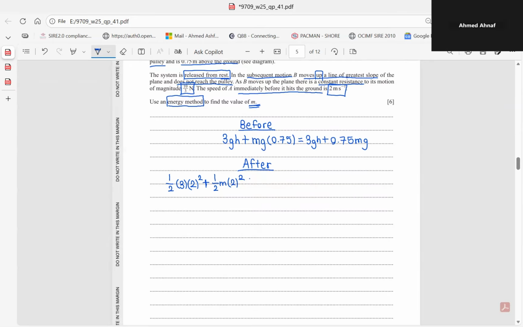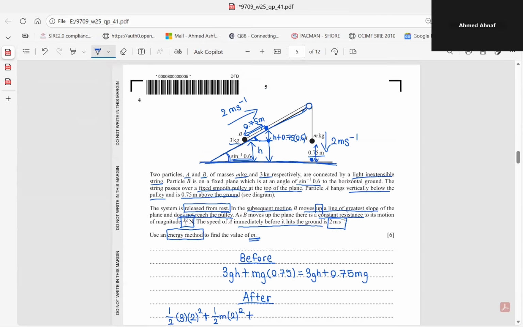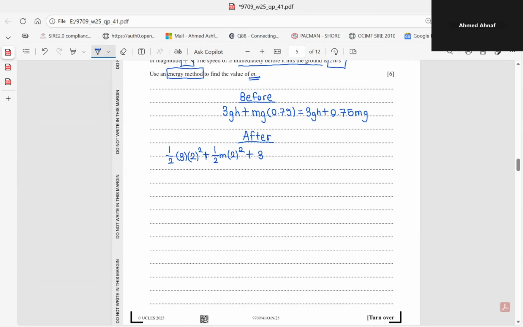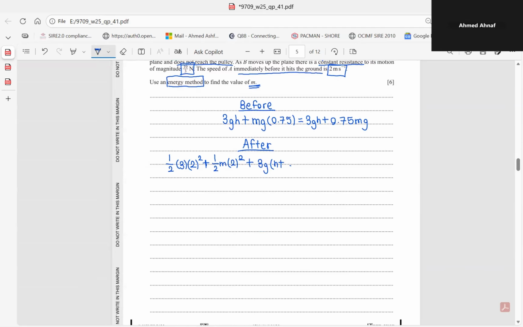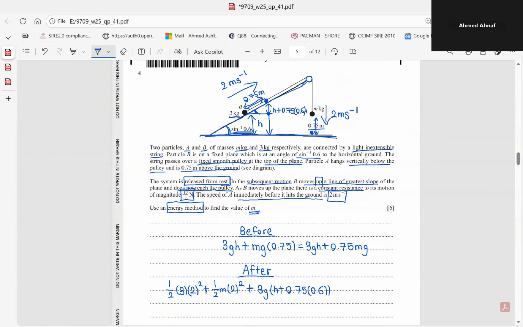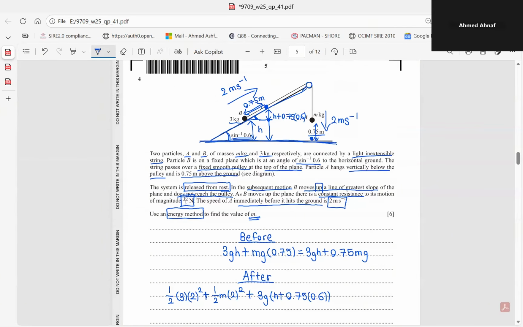So the GPE is m, which is 3, times g times h plus 0.75 times 0.6. This is for B. For A, we already established that it's at ground level, so it has no GPE relative to the ground.